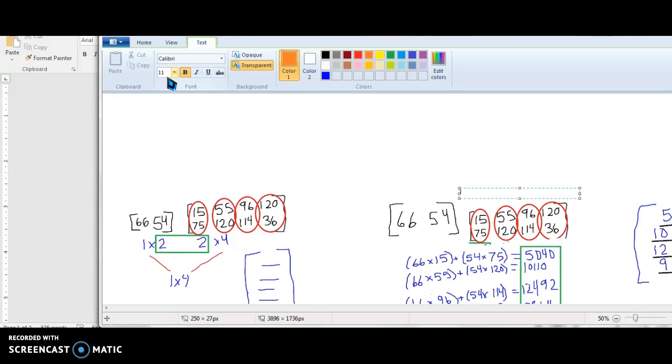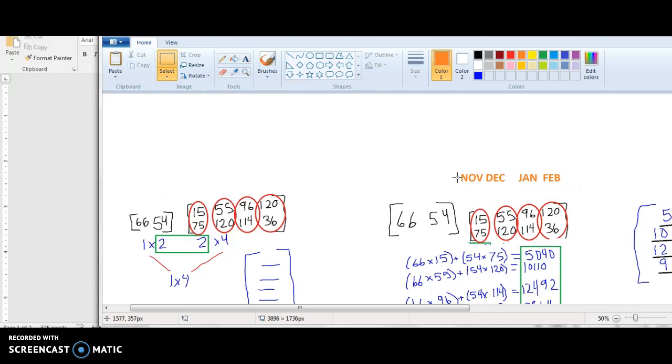You want to get the most points possible. Alright, so November, December, January, and February. So move this down here. Is it equal with that?